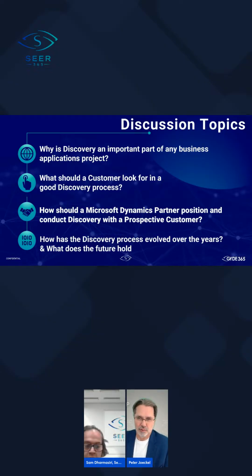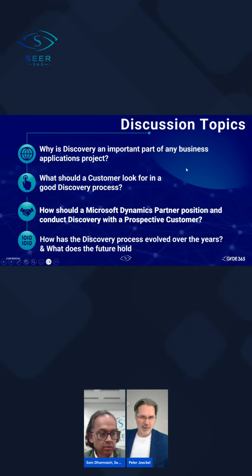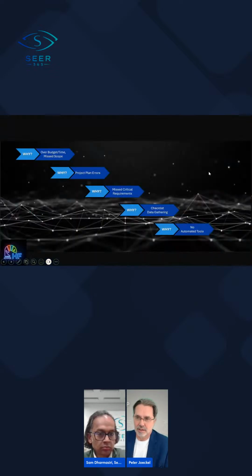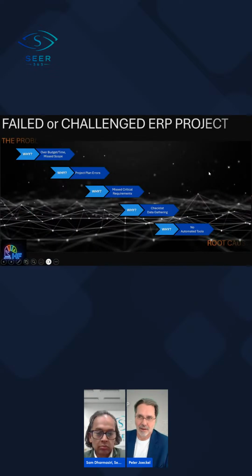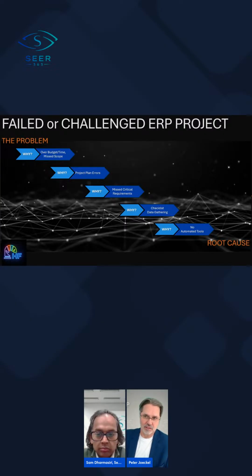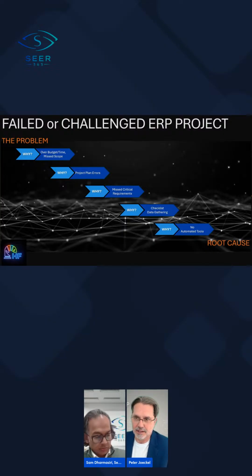And when you start drilling down into why there is so much failure and challenges in our industry, what I eventually did is this 5 whys methodology to try to drill down into the root cause of why there are so many problems in projects.